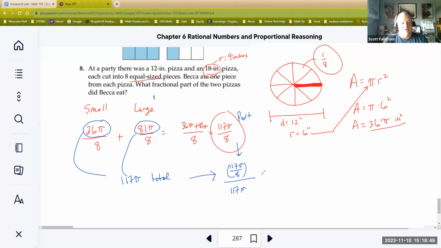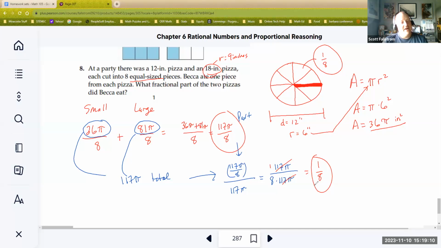Now, if you want to do the division here, you can rewrite this as 117 pi divided by 8 times 117 pi, and your fundamental law of fractions comes in, and this entire chunk goes away, and your final answer would be 1/8.